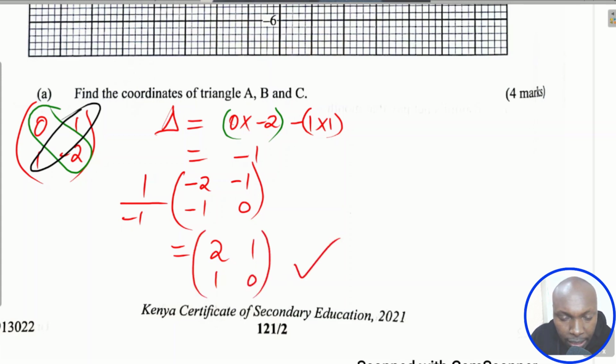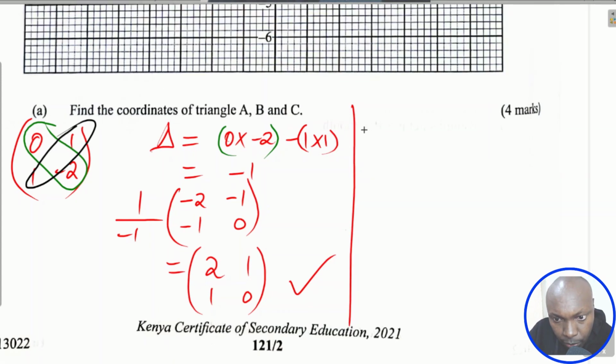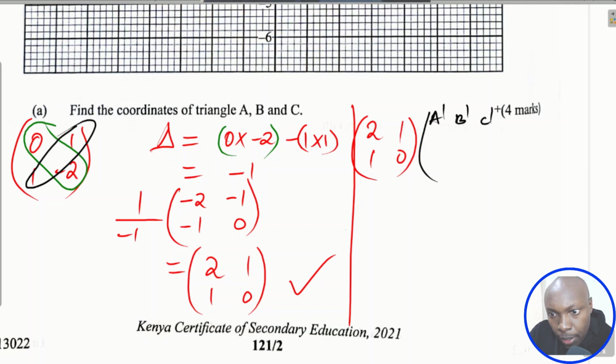So this is the inverse of the matrix that maps triangle ABC to triangle A prime B prime C prime. And so when I multiply this matrix of transformation, (2 1; 1 0), with A prime B prime C prime, I'll be able to get A, B, C.